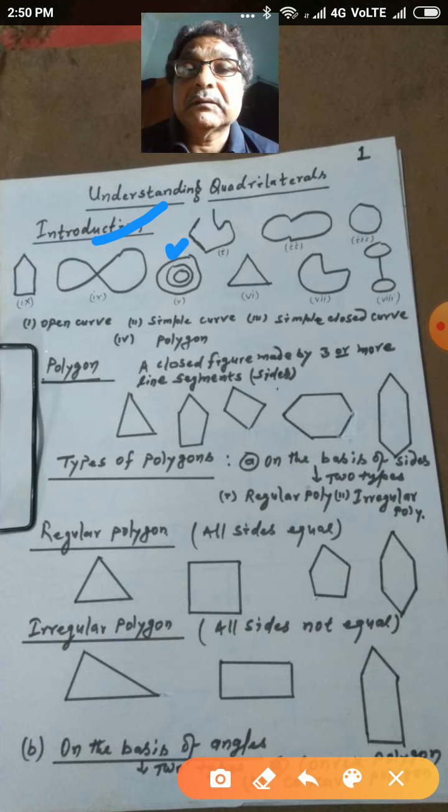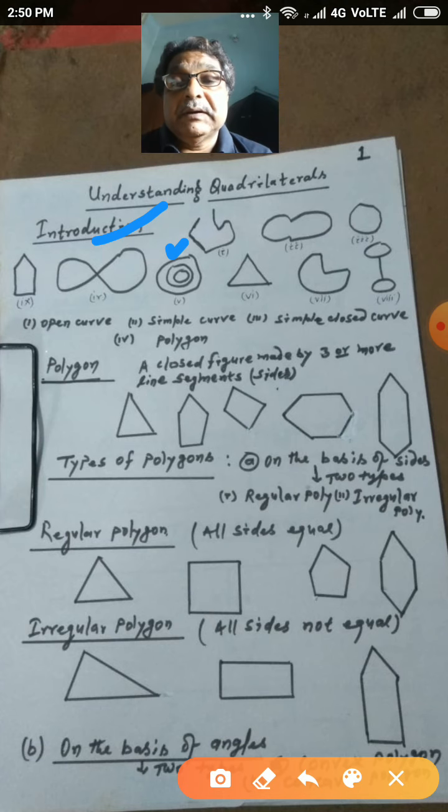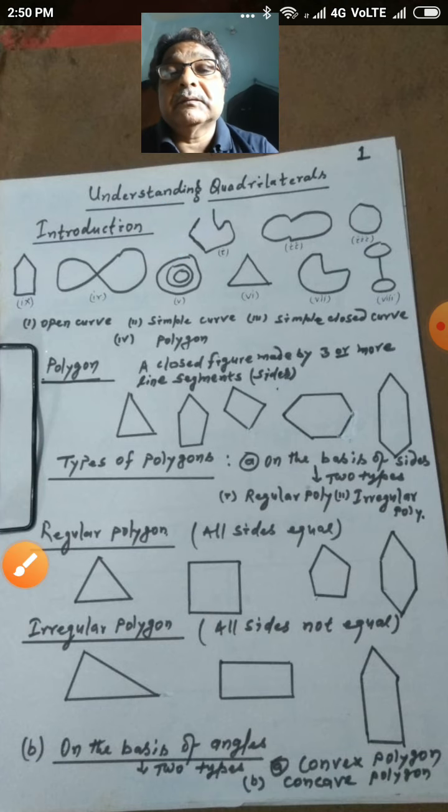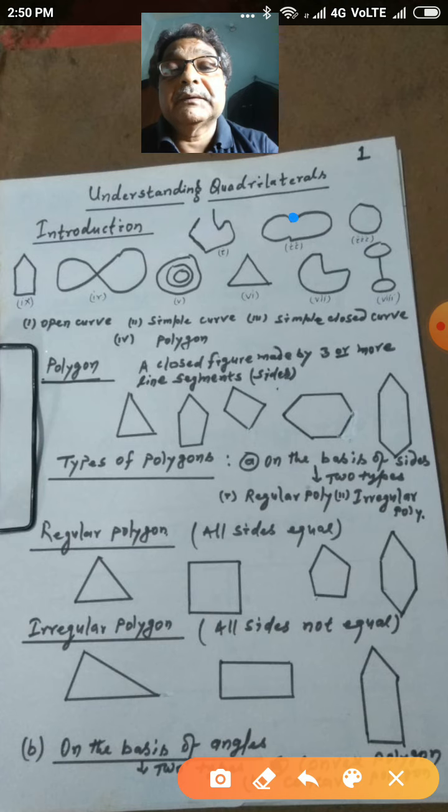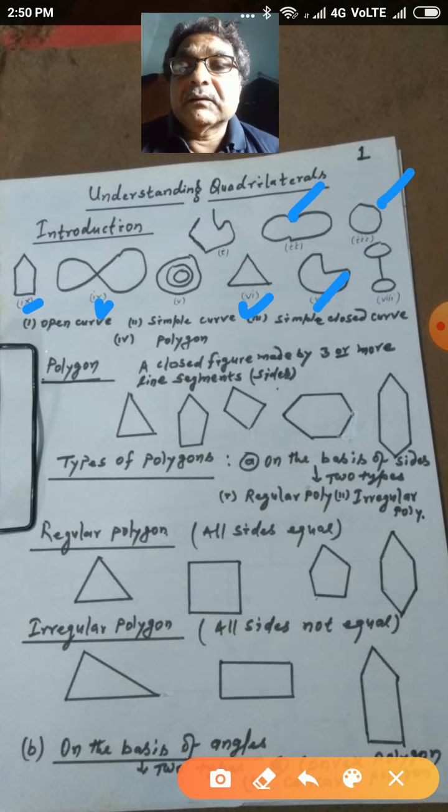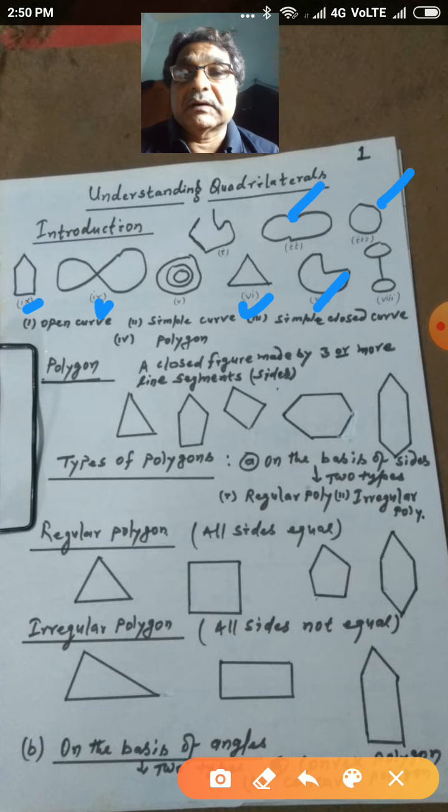While this figure, this, this and this, they are also made by curved line, but the figures are closed. So we say that these are simple closed curve or simple curve.